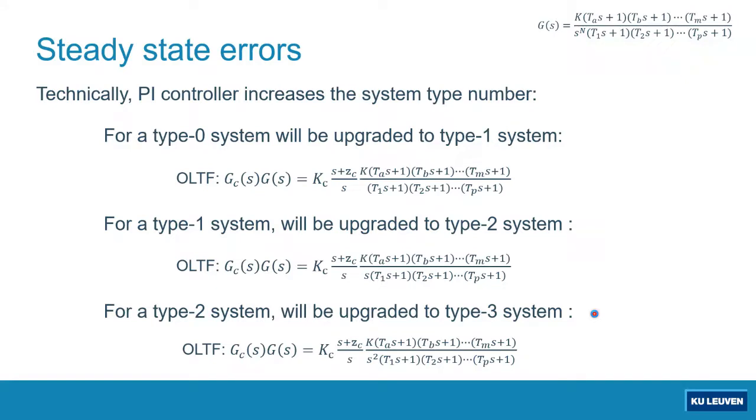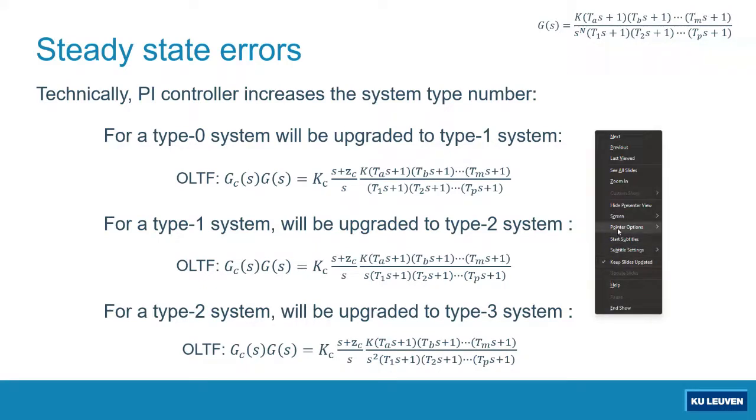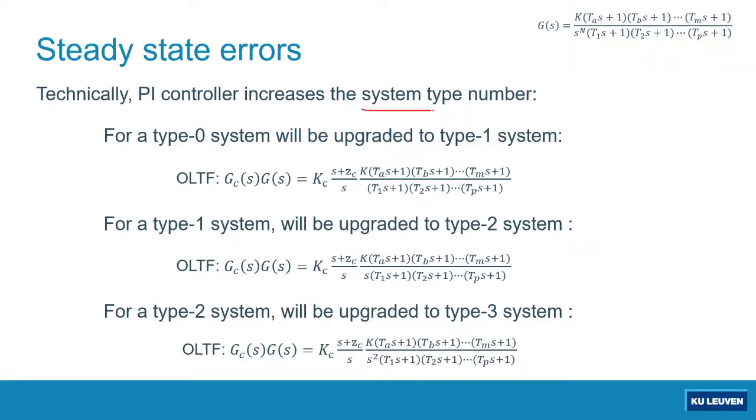Let's now consider a unity feedback system. I don't think I have to draw again the structure of a unity feedback system, but let's consider we have a unity feedback system, because when we are talking about system type, it is only applicable to unity feedback system.